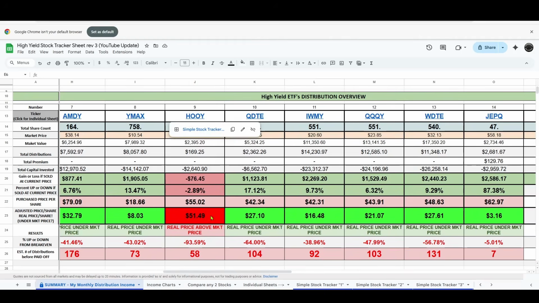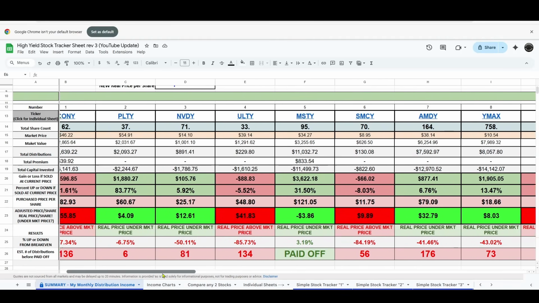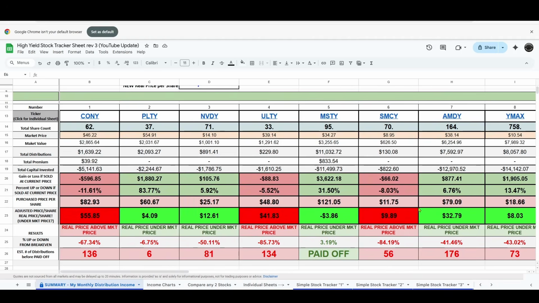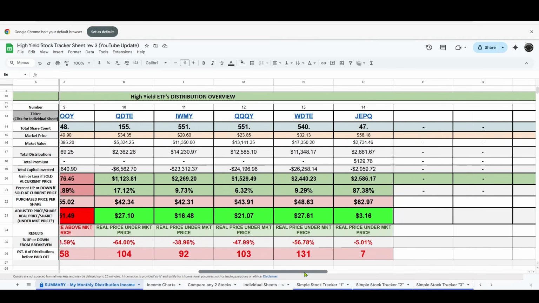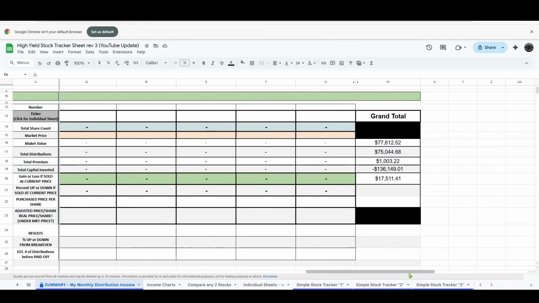And HOOY, I am down 2.8% for a 51.4 real price per share. As you can see, all of the rest of them I am green on. So I am down on 4 ETFs, but I'm up and green on 10 of them, which is a pretty good deal, considering the ones I'm down on are not down by much.